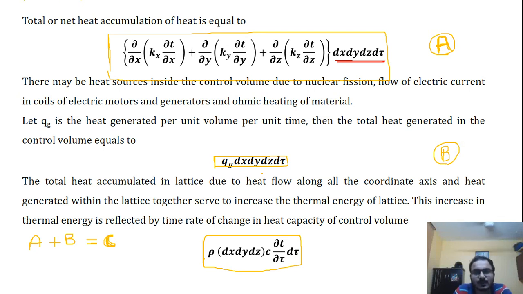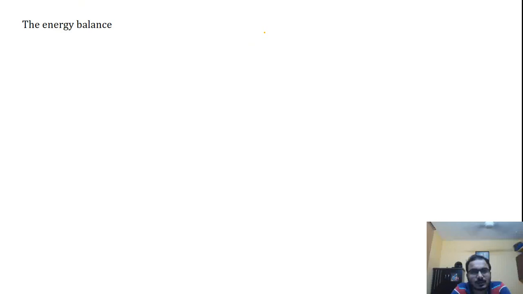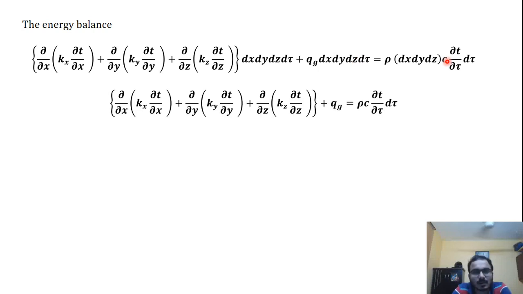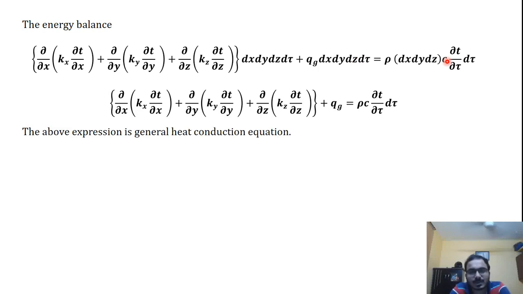So we will add these two equations, A and B, and it will give us the value of C. The energy balance gives us this formula, so this is equation A plus equation B equal to equation C. The above expression is the general heat conduction equation.